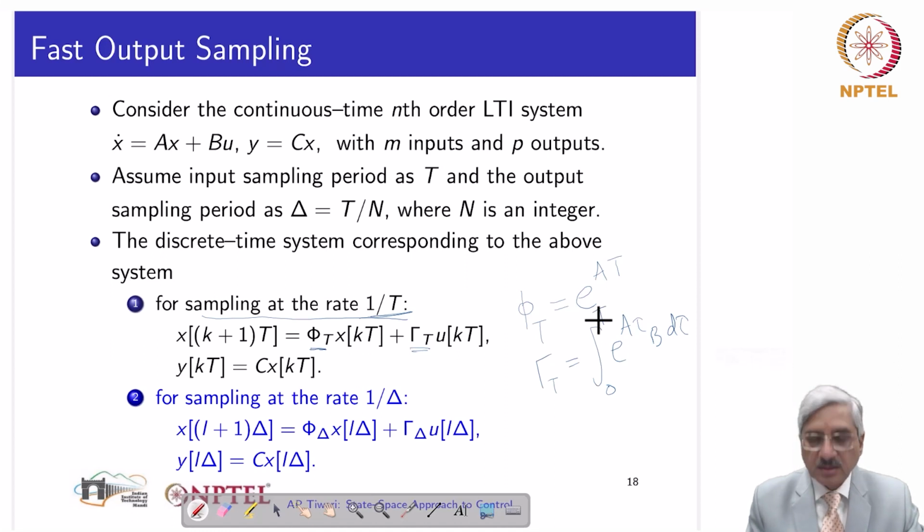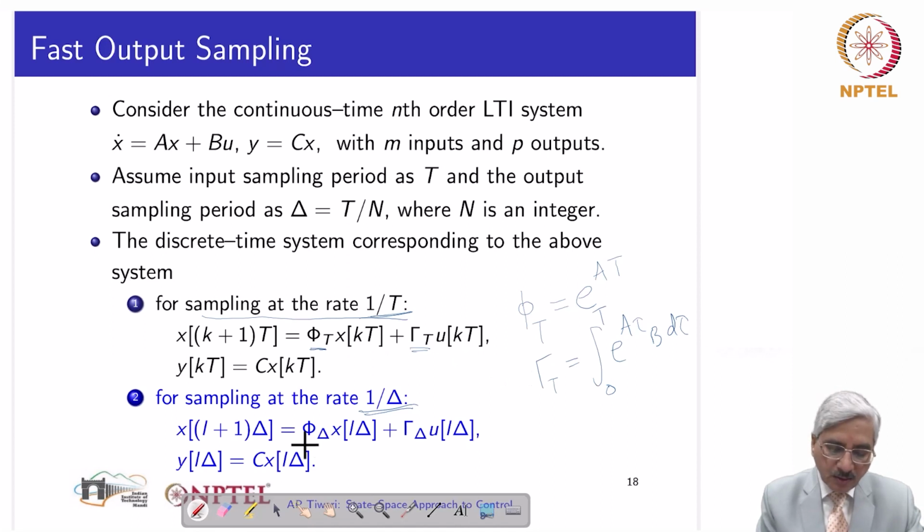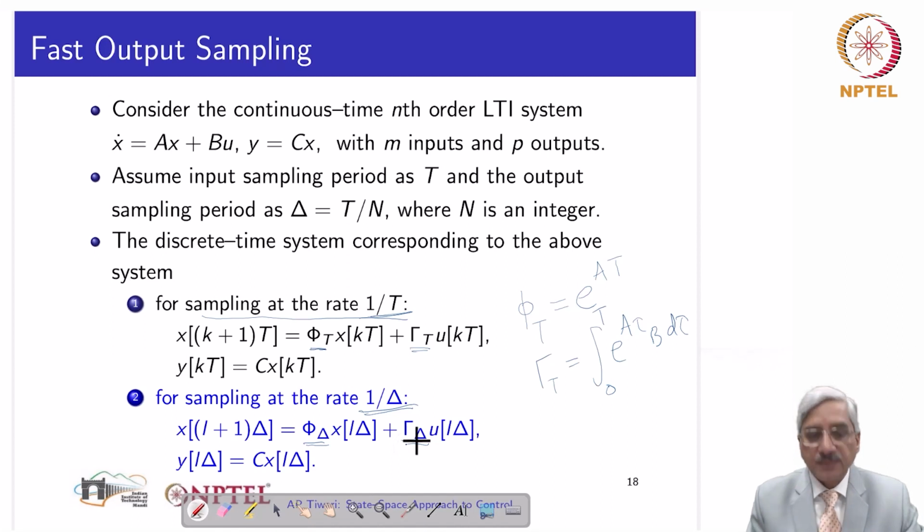Similarly, if the system is sampled at the rate 1 by delta, again the system is characterized in a similar manner, only the system matrix and the corresponding input matrix are different.